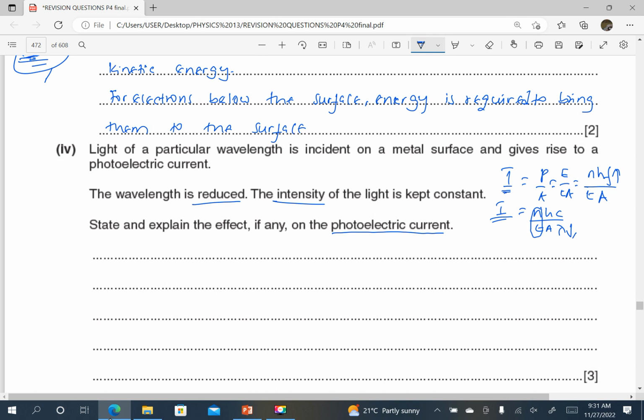So each photon now has more energy, but we can only have a few photons incident on a given area per unit time.